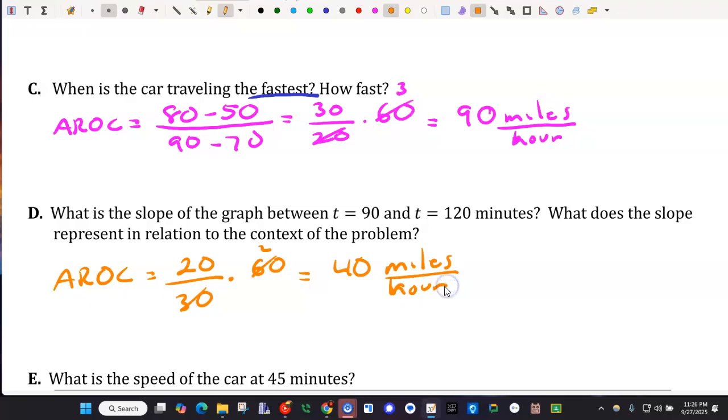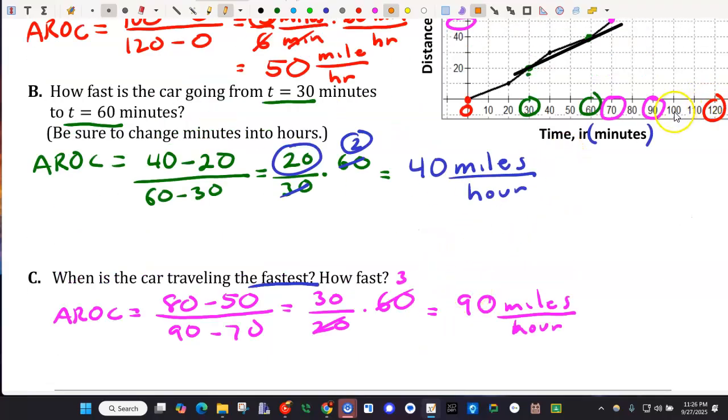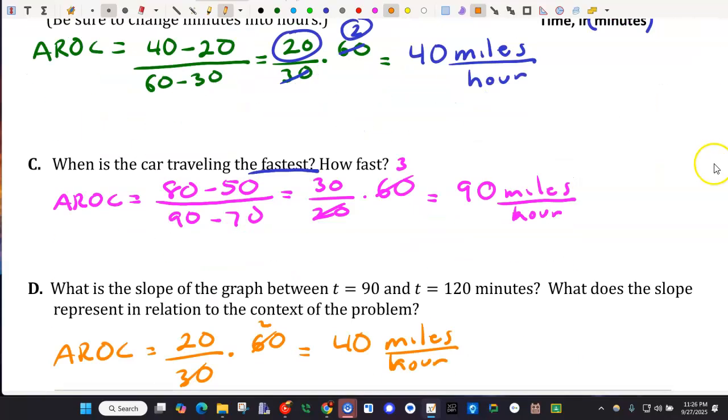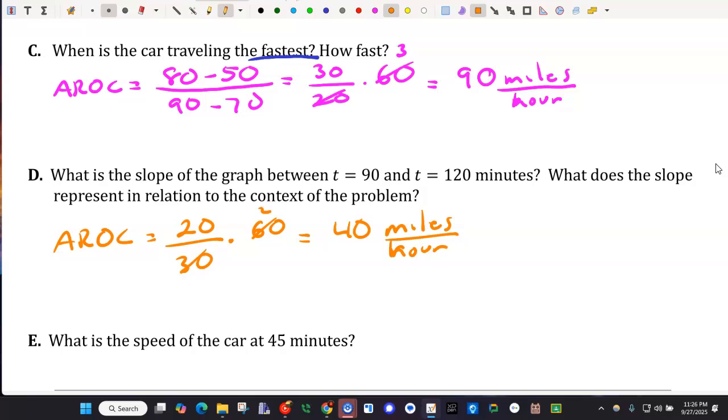There we go. What does it mean? It means from an hour and a half to 2 hours, because 90 minutes is an hour and a half, and 120 is 2 hours exactly. So from an hour and a half to 2 hours of the trip, we're going about 40 miles an hour again, on average.